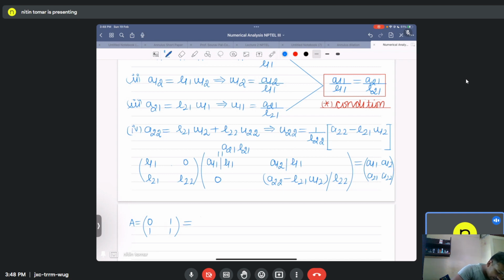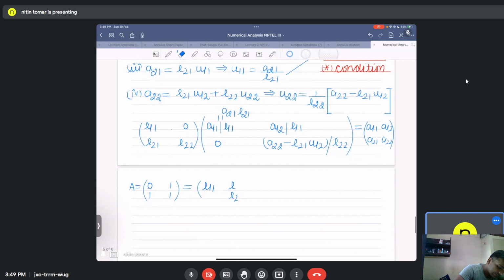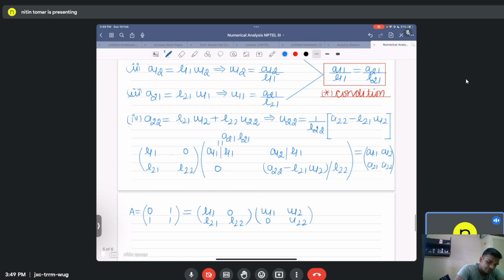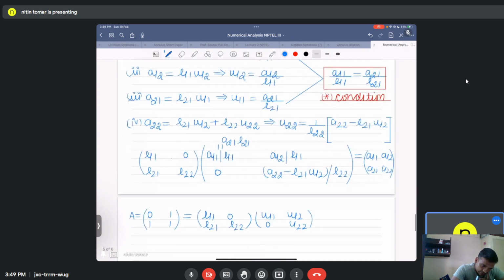If this is L11, 0, L21, L22 and U11, U12, if this happens, then what does it imply? Condition star, can you tell me?